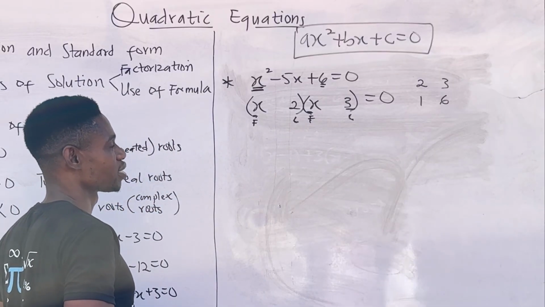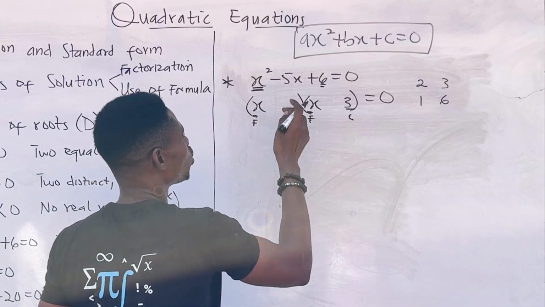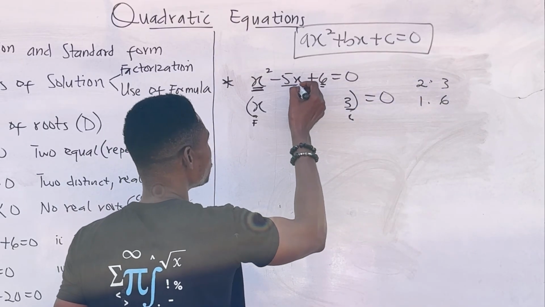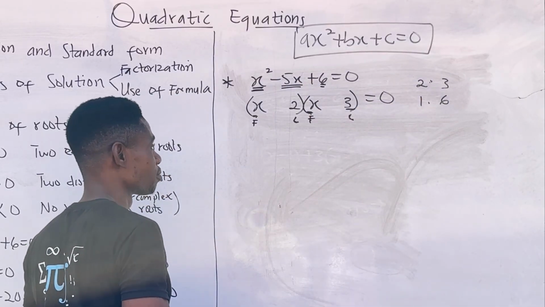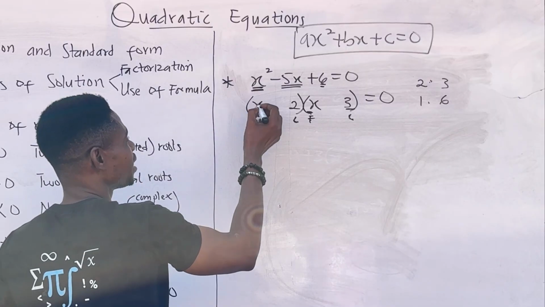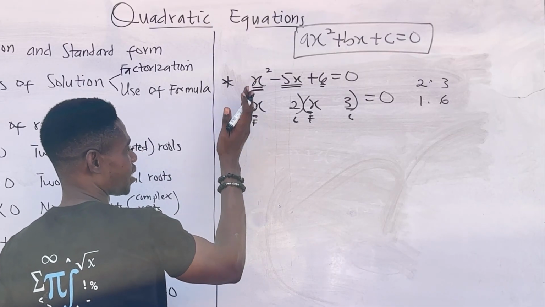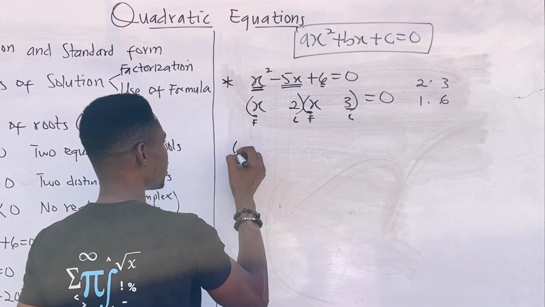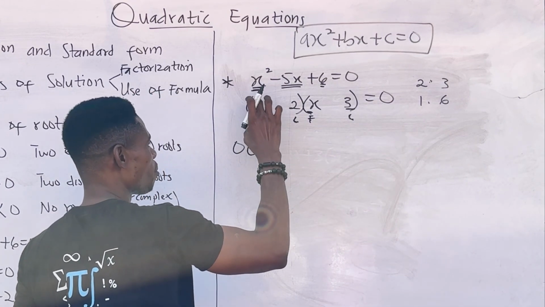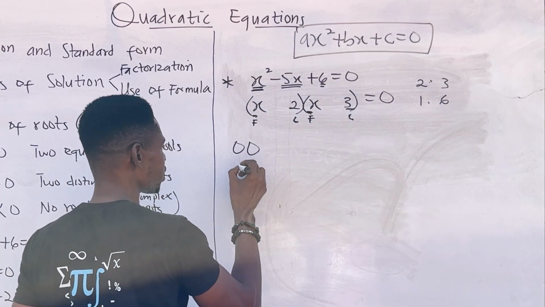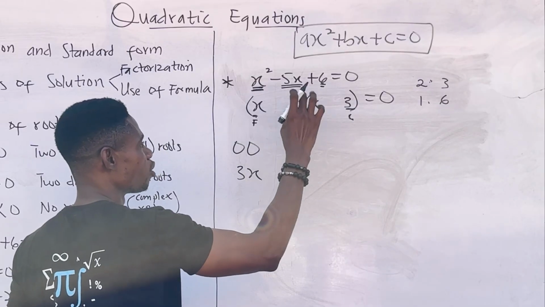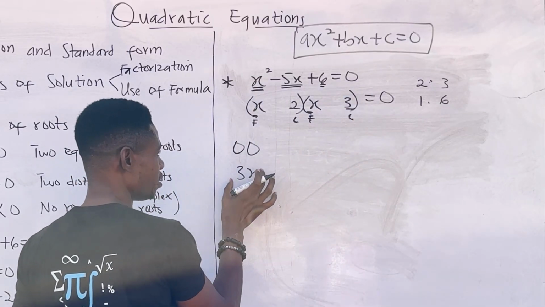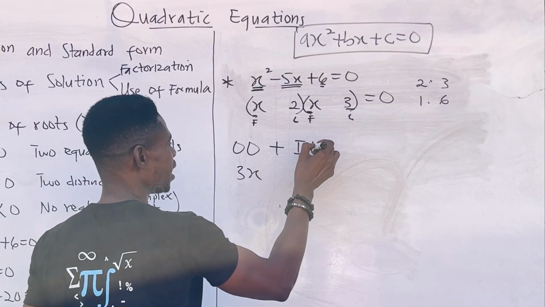Now the question is, how do we know which one is correct, judging by how we get this middle term? Now watch. This outer first and this outer last, so I'll call it outer. Outer multiplied by outer will give us 3x, as x multiplied by 3 is 3x, plus inner.